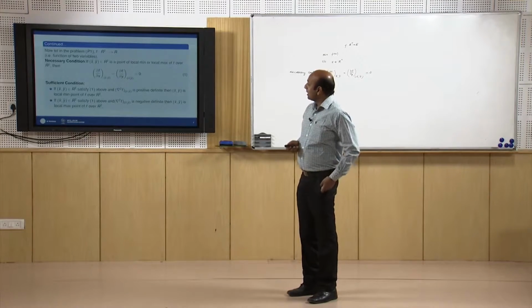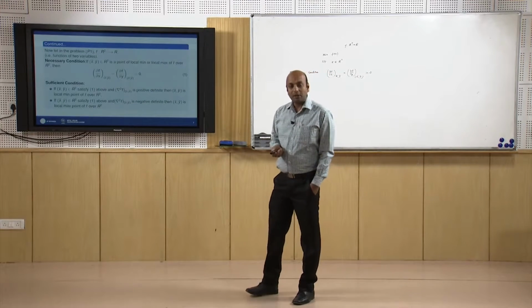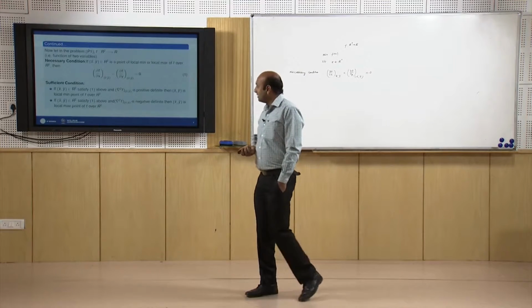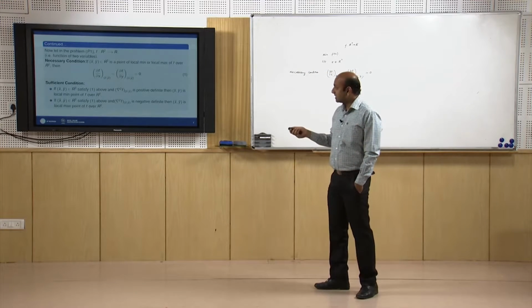Now, if this condition holds, whether that point is a point of local minimum or local maximum or saddle point, how can we say? So, we find the Hessian matrix of f at x bar, y bar. These are sufficient conditions.